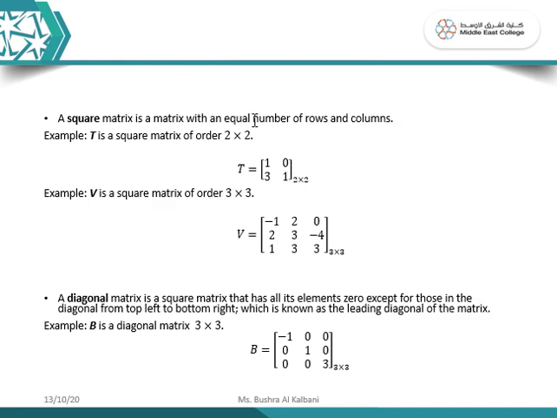That means in a square matrix the number of rows is equal to the number of columns. Now, a diagonal matrix. What is the meaning of diagonal matrix? If the elements on the diagonal are not equal to 0, but the elements above and below the diagonal are equal to 0, we call it a diagonal matrix.